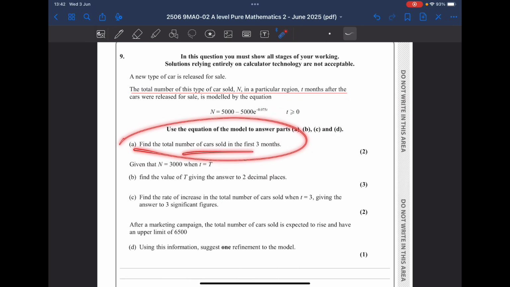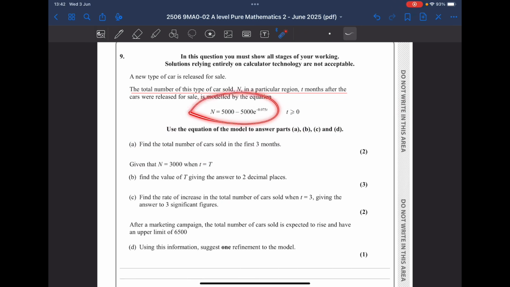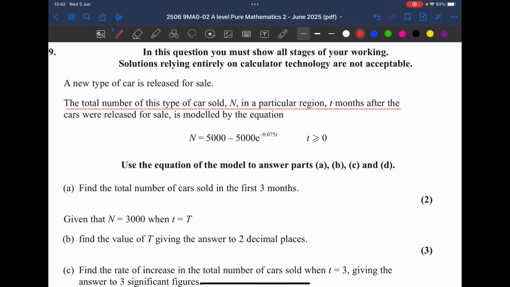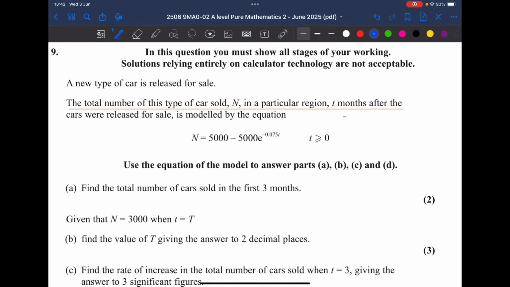So total number of cars sold in the first 3 months, we're just going to plug in 3. I'm just going to rewrite this as well. This is 5,000 lots of 1 minus e to the minus 3t on 40. So plugging in the value for t, we're going to have 5,000 lots of 1 minus e to the minus 9 on 40.